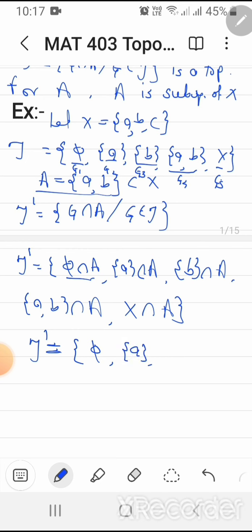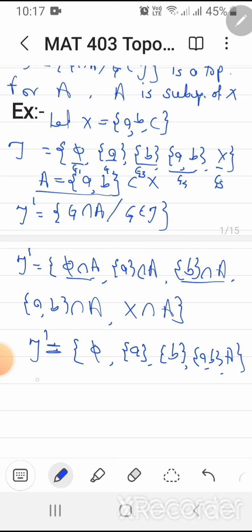Again {b} intersection {a, b}, the common point is b. {a, b} intersection A, that is {a, b} intersection {a, b}, is again the 2-point set {a, b}, and X intersection A is A.